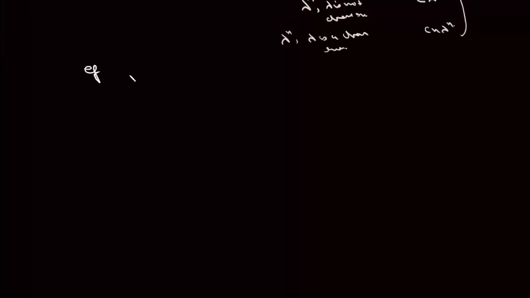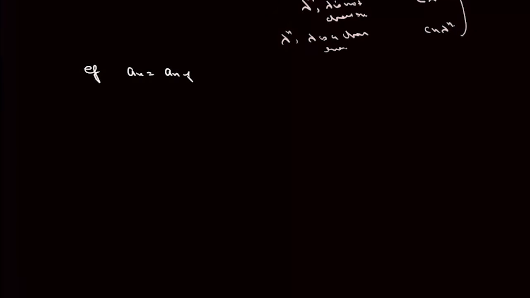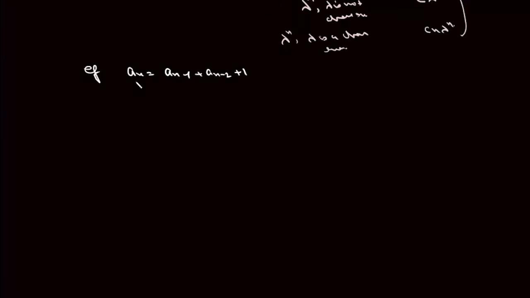Say, for example, we are given this equation, a_n equals a_(n-1) plus a_(n-2) plus 1. Basically, this is a Fibonacci sequence with this constant term plus 1. So first we'll write its homogeneous equation. It is a_n equals a_(n-1) plus a_(n-2).